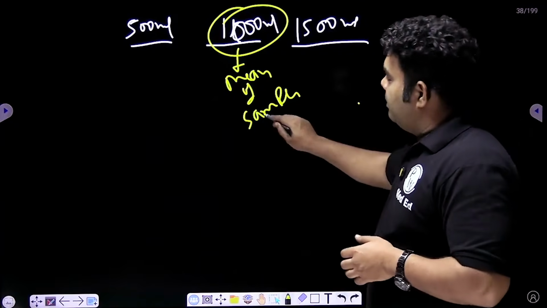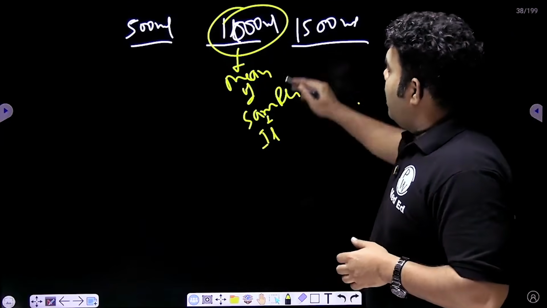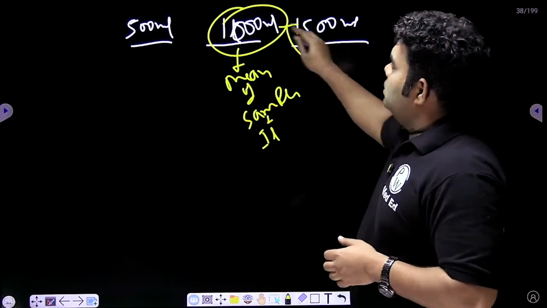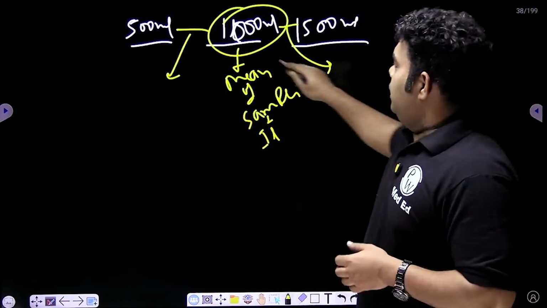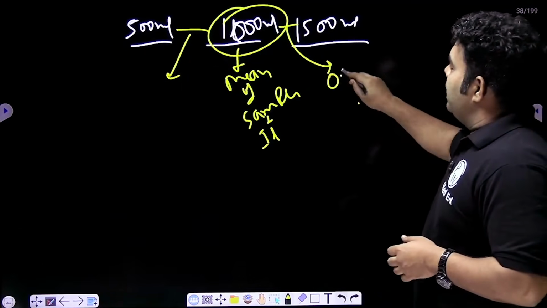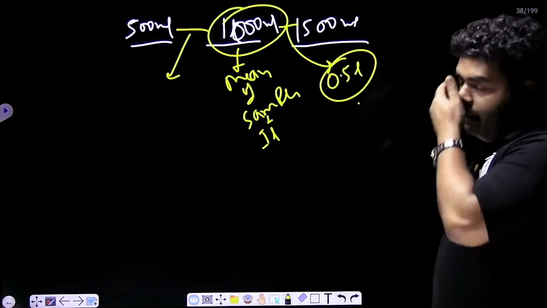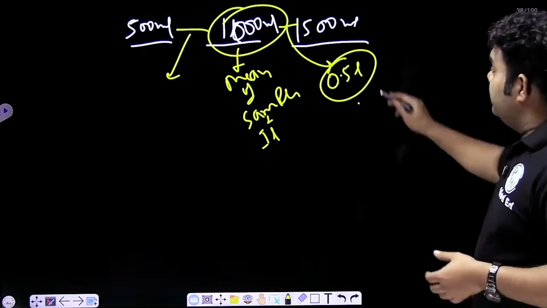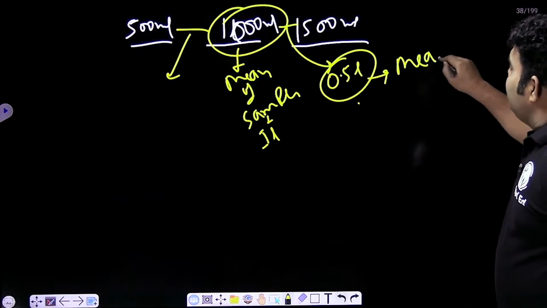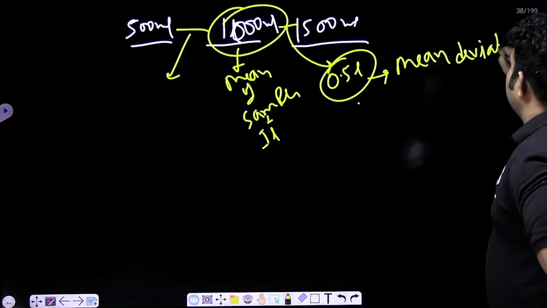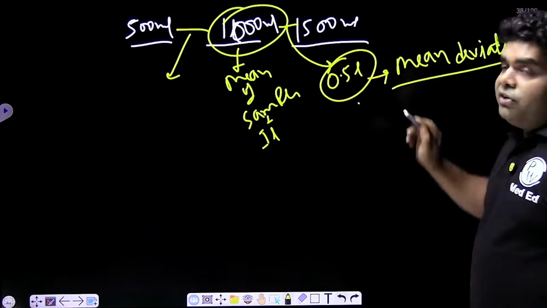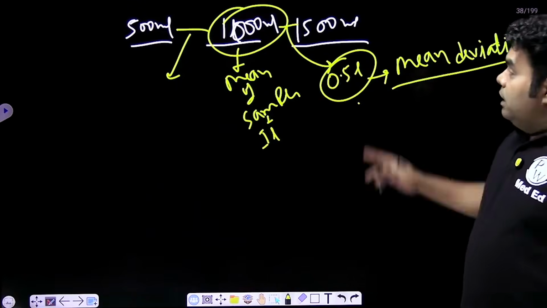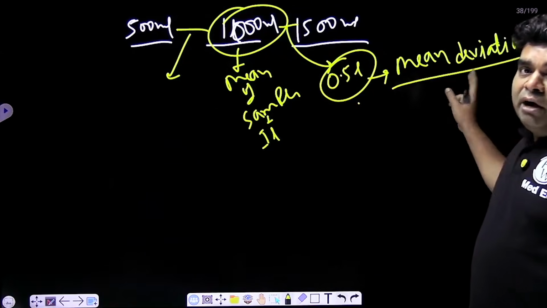So here mean of sample is 1 liter. And how far is each of the numbers from 1 liter? Each number is away from the mean by 0.5 liter or 500 ml. So this 0.5 liter is the mean deviation. See, it is clear from the name itself. Mean deviation means the average of how much each number is deviated.